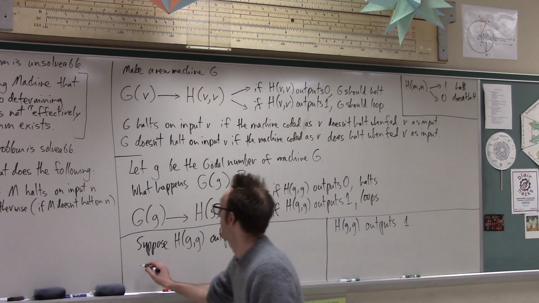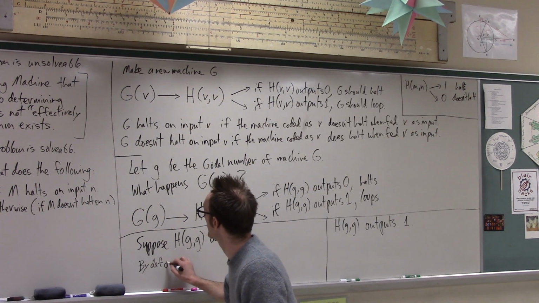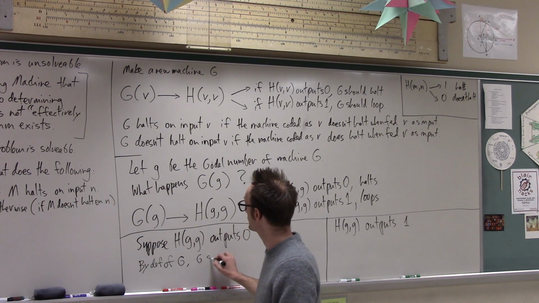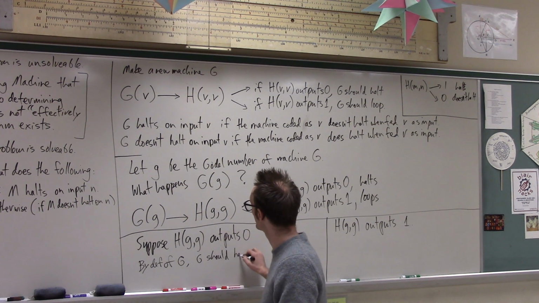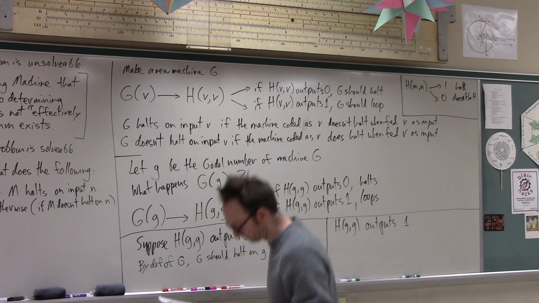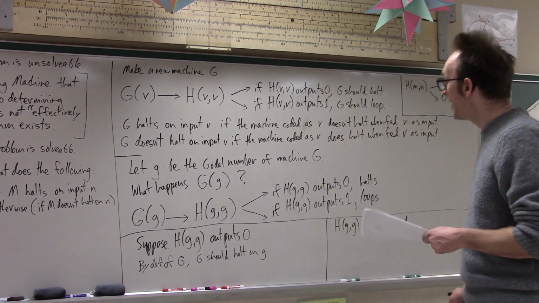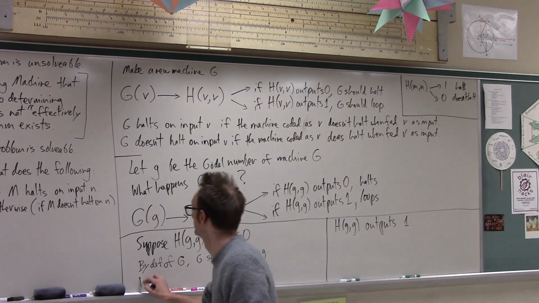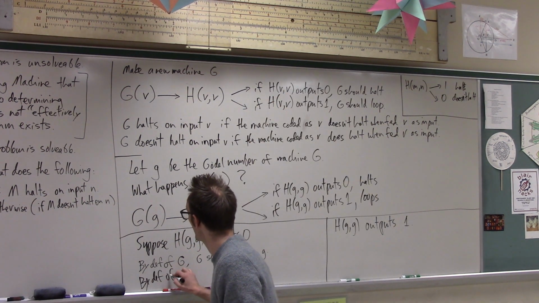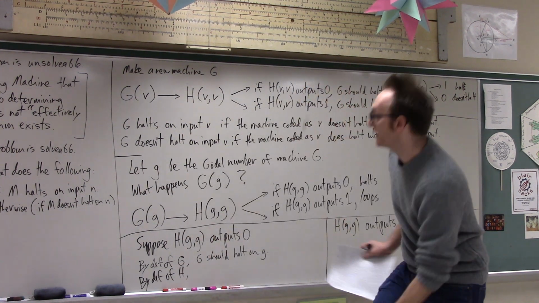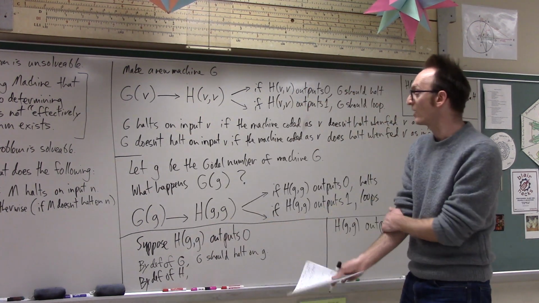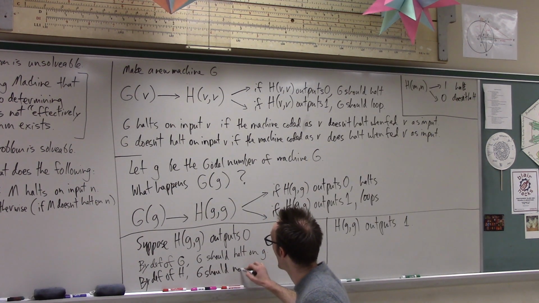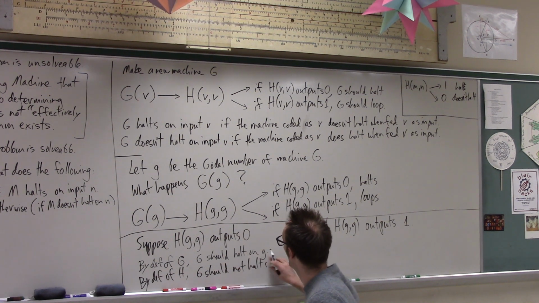So by the construction of the G machine, G should halt on input G. But by the definition of the H machine, what does it mean if H outputs 0? It means that G should not halt on input G.